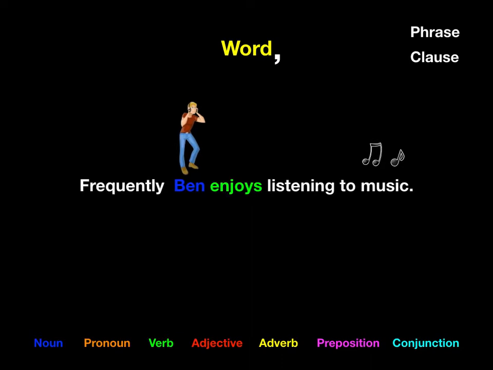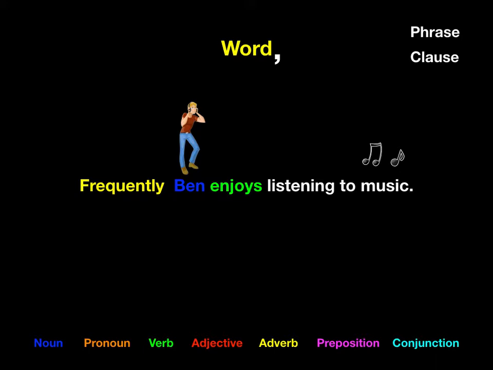We know that frequently does not modify Ben, because frequently Ben is not a type of Ben. When we look at frequently further, we'll note the ly at the end. An ly generally denotes that a word is an adverb. So since we have an adverb before our main subject, we know that we have a single word introductory element.